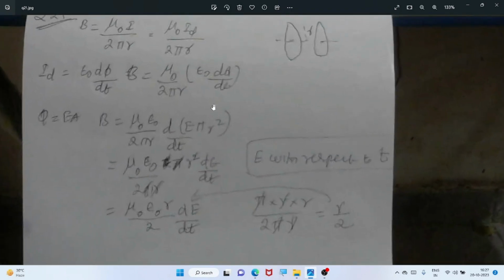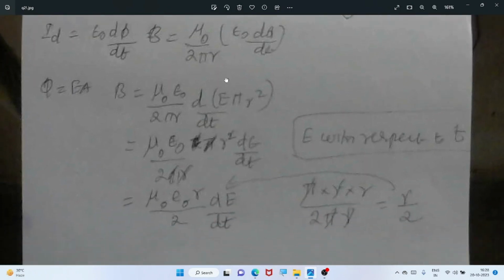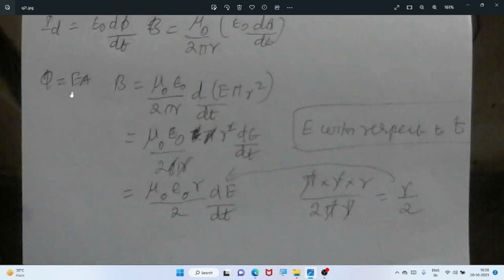This is the plates of the capacitor. This is the magnetic field between the capacitors. Conduction current using this formula, flux equal to EA.